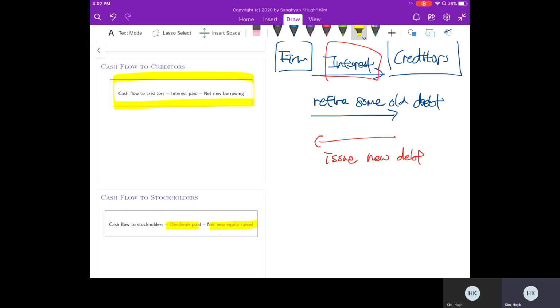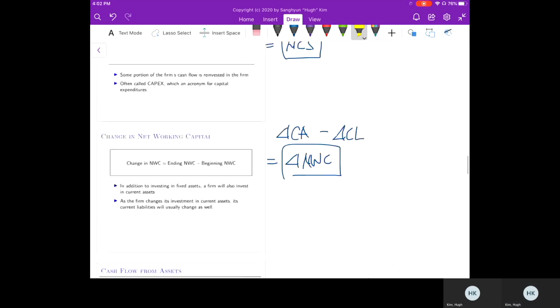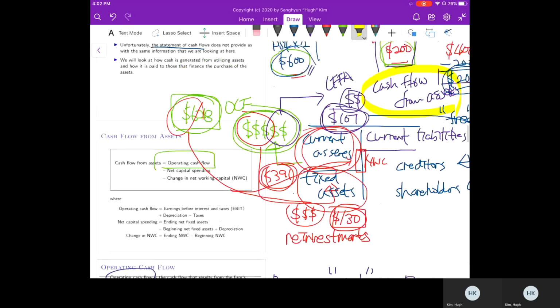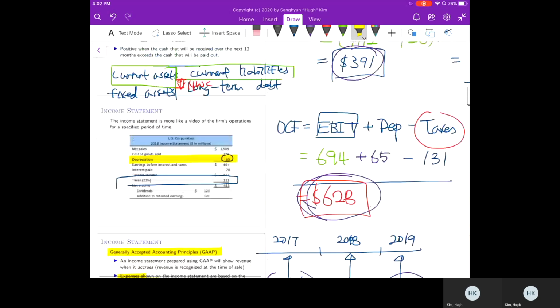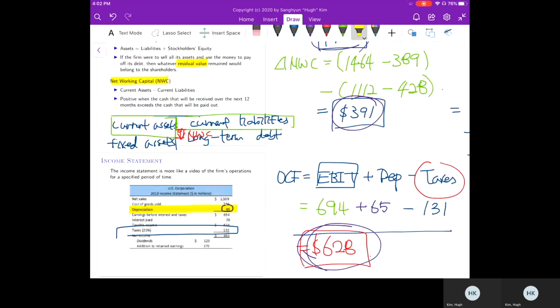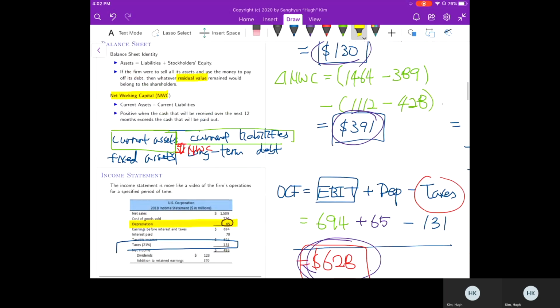So let's look at our example. Interest paid is $70.